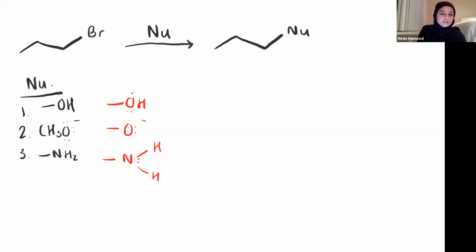Over here, we can see that it is replacing it. So obviously this is going to be a substitution reaction. Strong nucleophiles are electron donors. Oxygen is the best because it has the most lone pairs. And then NH2 is going to be second best, but OH is the worst. And this is also a pKa kind of question.